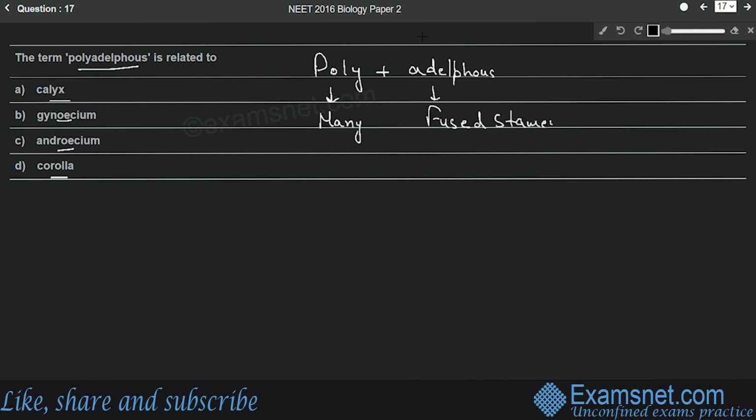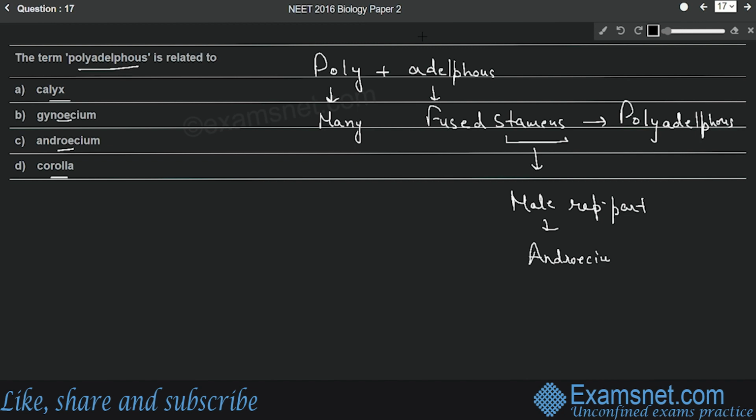So when the stamens of a flower are fused through the filament, this condition is known as polyadelphous. And we know that stamen is part of the male reproductive part of the plant, right? Male reproductive part, that is known as androecium.